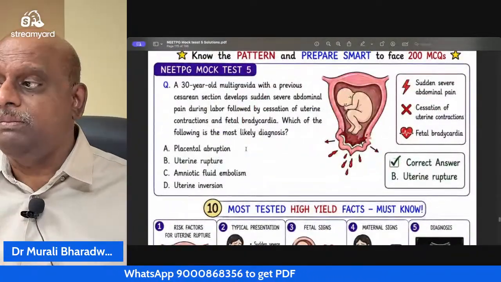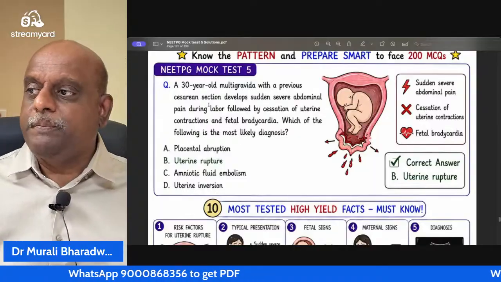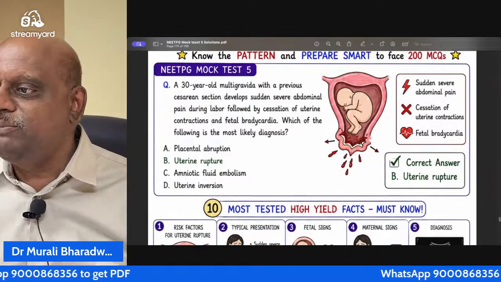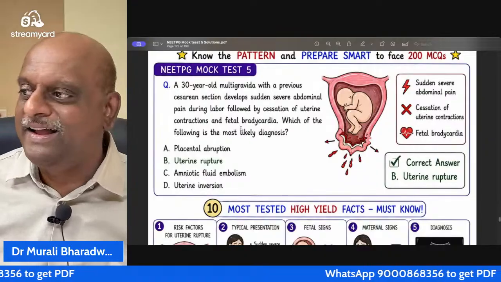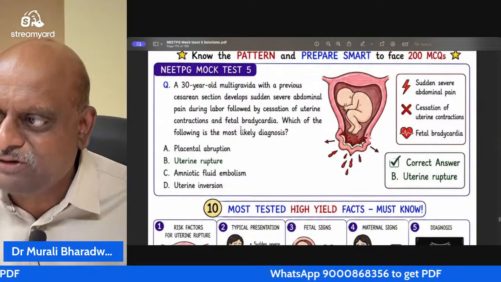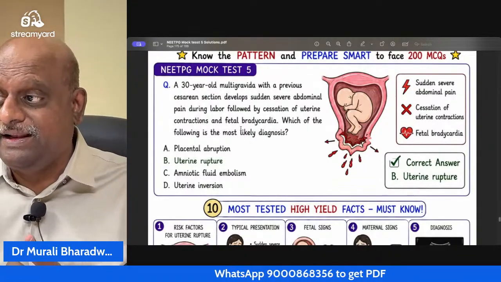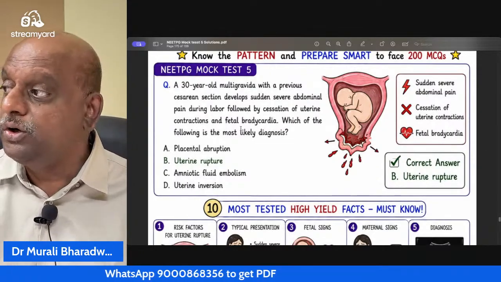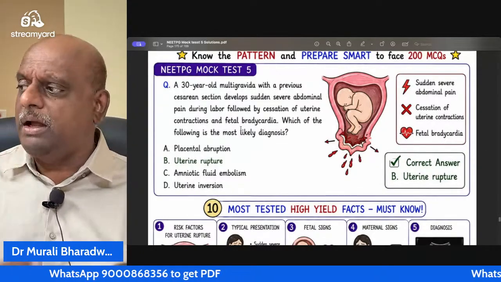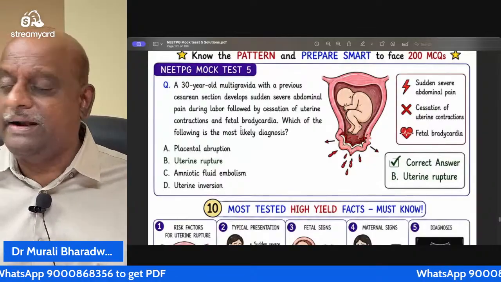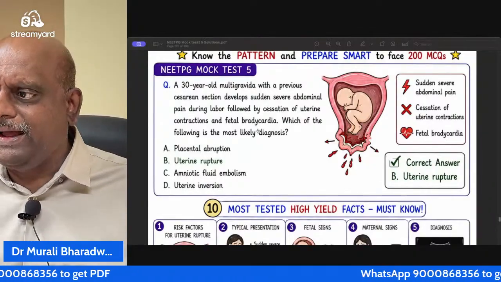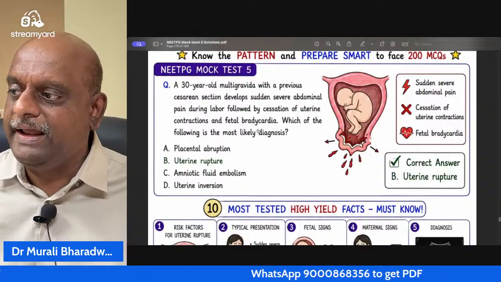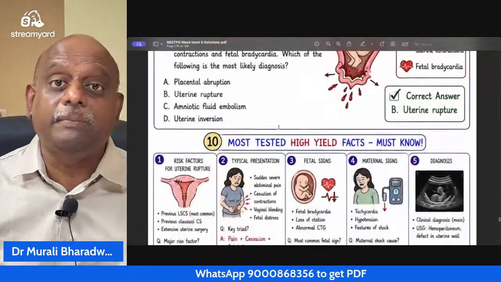Now, 30-year-old multigravida with previous cesarean develops sudden severe abdominal pain during the labor, followed by cessation of uterine contractions and fetal bradycardia. What is your diagnosis, doctor? It is uterine rupture. Any sudden severe abdominal pain, cessation of the uterine contractions, fetal bradycardia, typically you need to remember the possibility of uterine rupture.